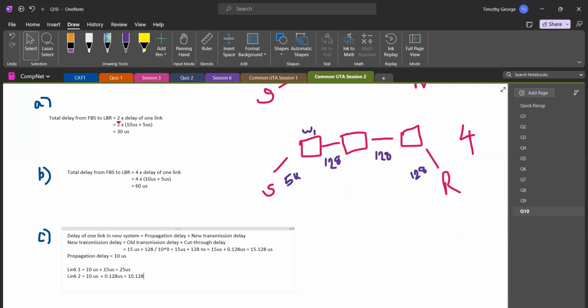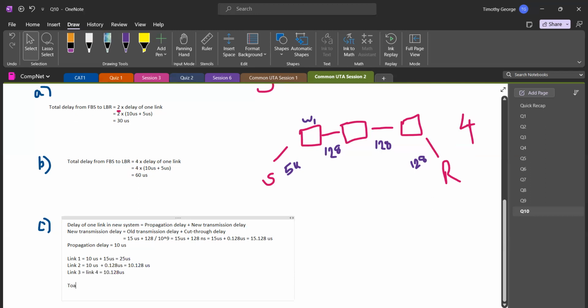Link 3 and link 4 are going to have the same thing, 10.128. So now we can write the total delay from FBS to LVR. That's going to be 25 plus 3 into 10.128. That is the answer, in microseconds. 55 microseconds.